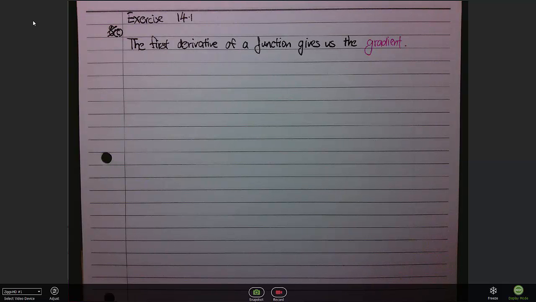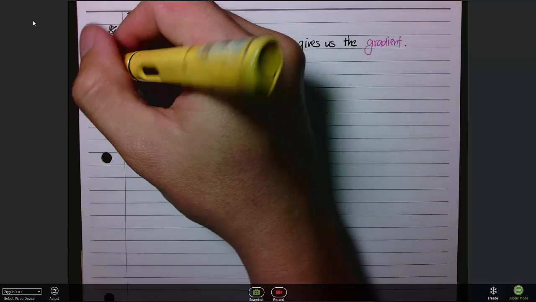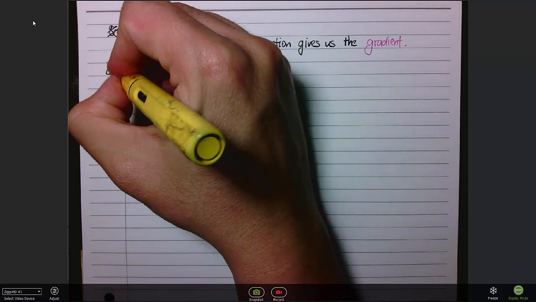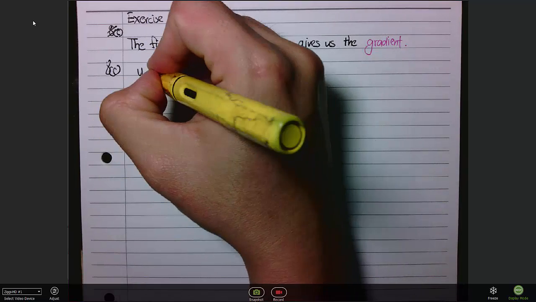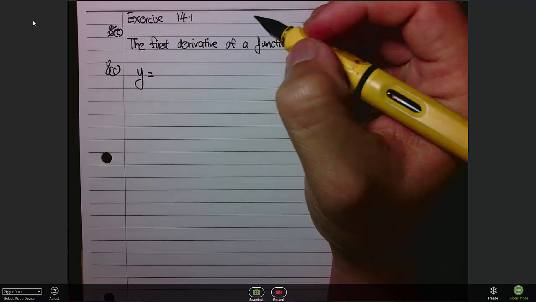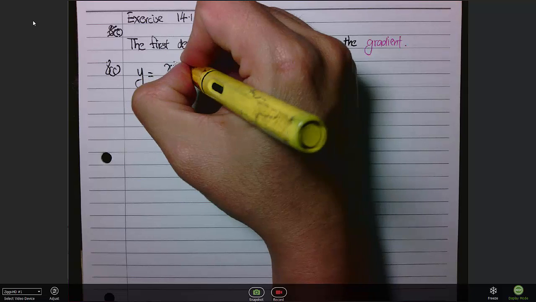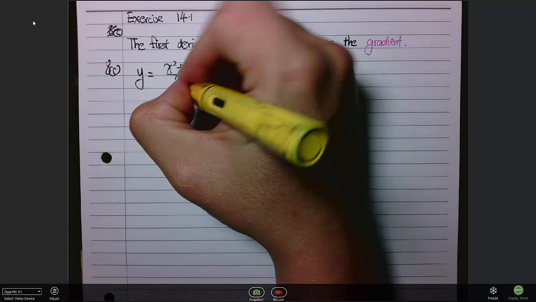Okay. First and foremost, calculate the gradient of the curve. For 8c, they say that we are to calculate the gradient of the curve at the point where y is given. And the curve is given to be y equals x squared plus 4 over x.